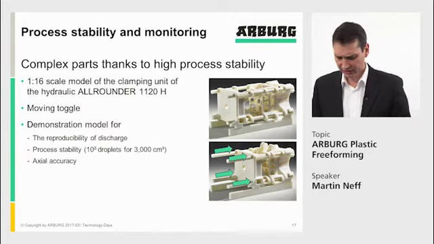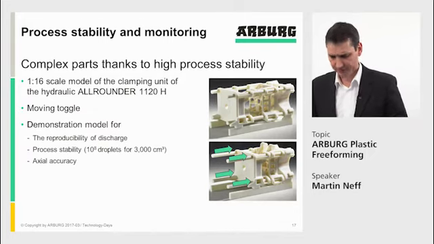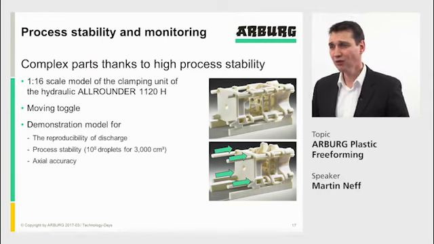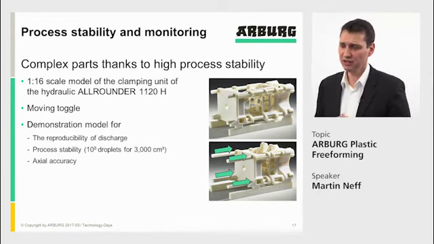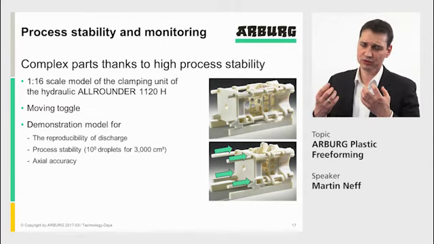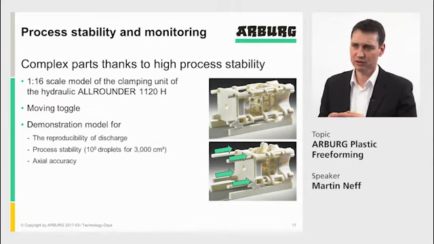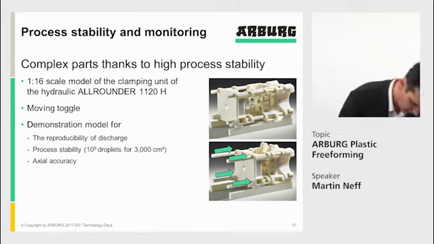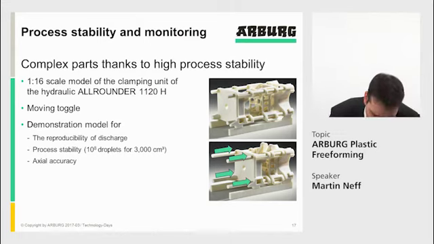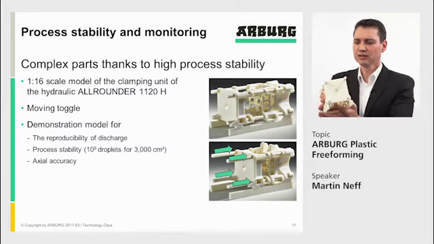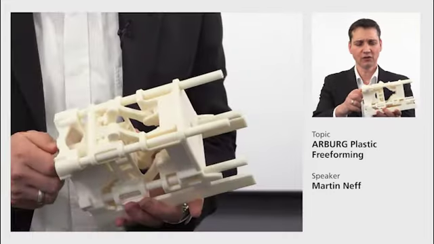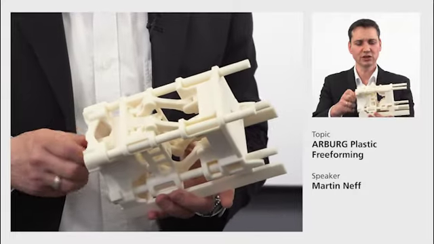To go a little bit further, I want to show what we have already achieved in terms of reproducibility. I want to show you this part. This is a model of our largest machine clamping unit.